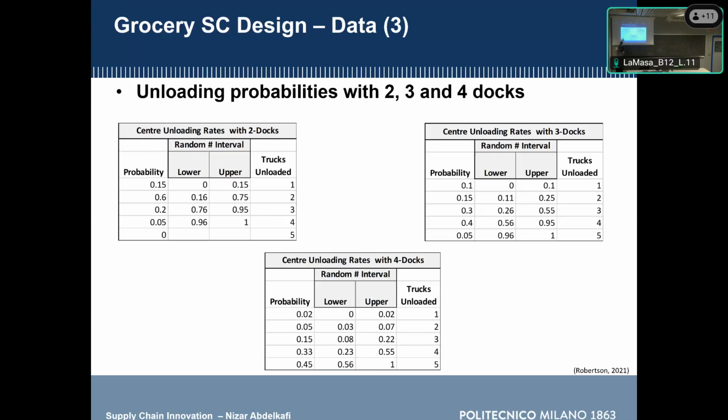You can see here, look, the probability of having 5 trucks unloaded in 1 single hour when we have 2 docks only is 0%. Okay? It's 0. And then when we have 3 docks, the probability of having 5 trucks unloaded is 5%. However, when we have 4 docks, the probability of having 5 trucks unloaded is 0.45.